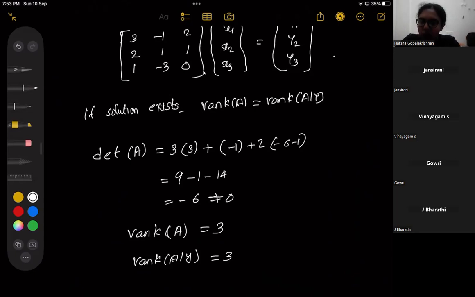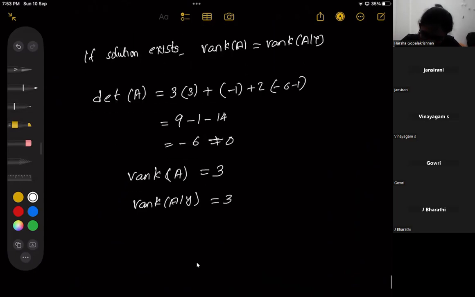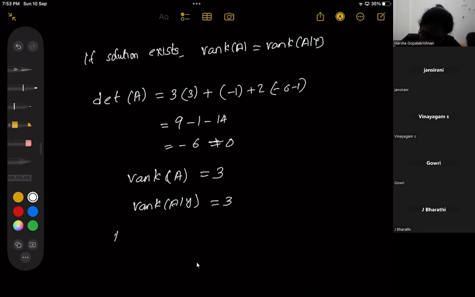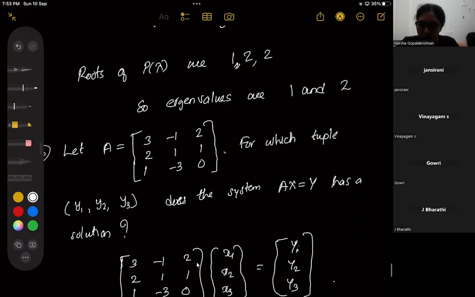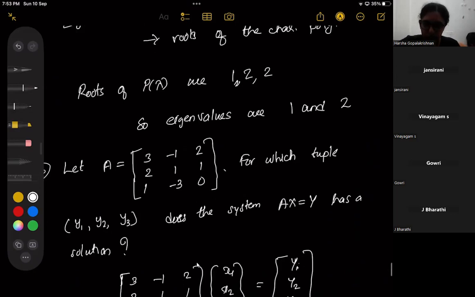So rank of A and rank of AY are equal to 3, and this is true for any Y. Our question was to find the tuple Y1, Y2, Y3 for which the system AX equal to Y has a solution. So our answer is any Y; for any Y, the solution exists.